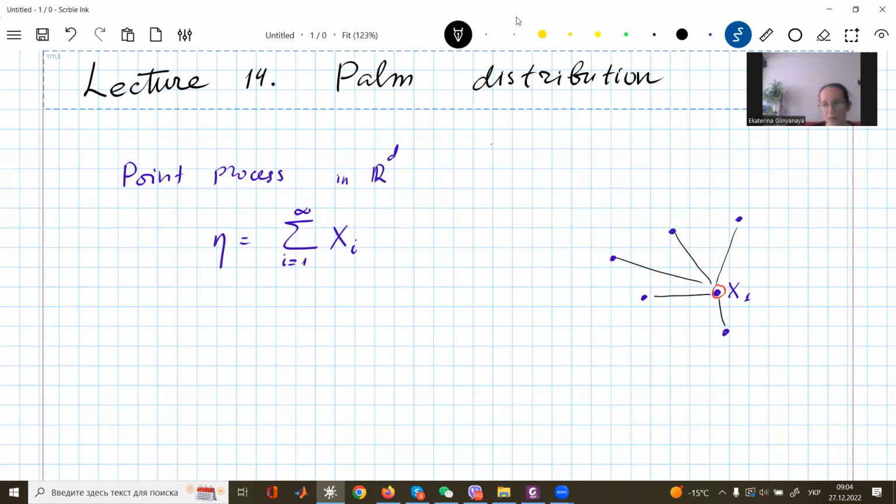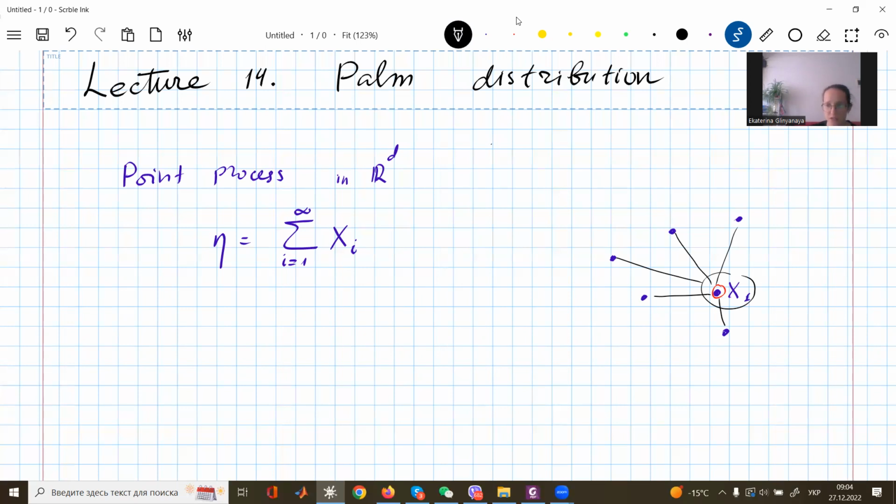This question is not so simple, because the answer depends on the position of this point, if the distribution of random points is not stationary.